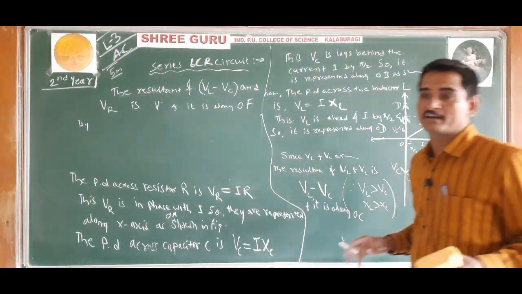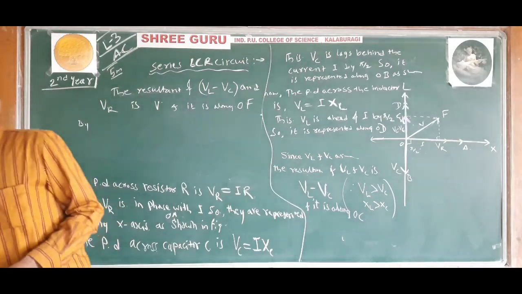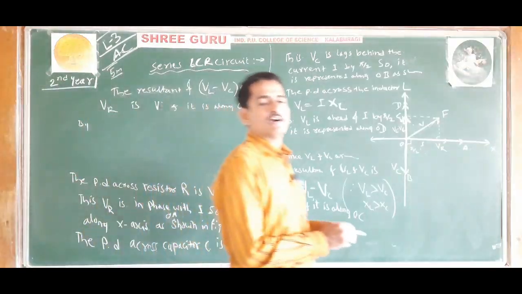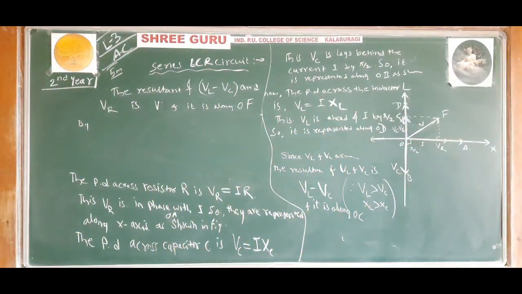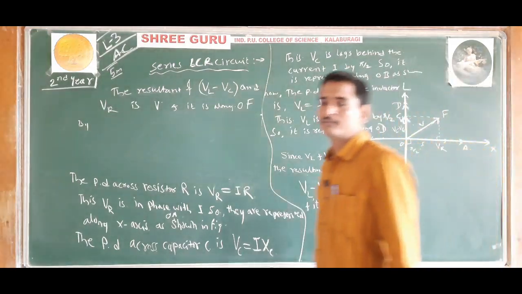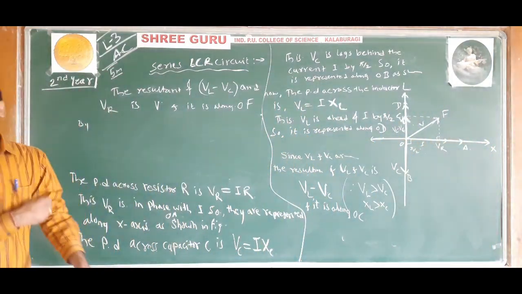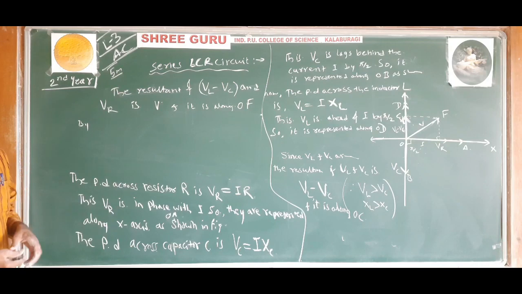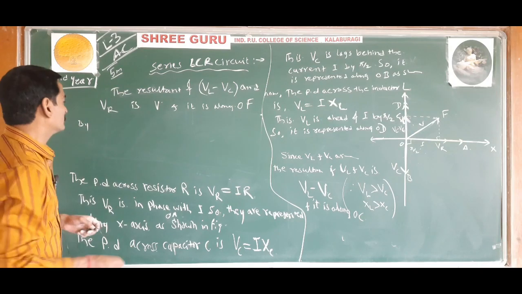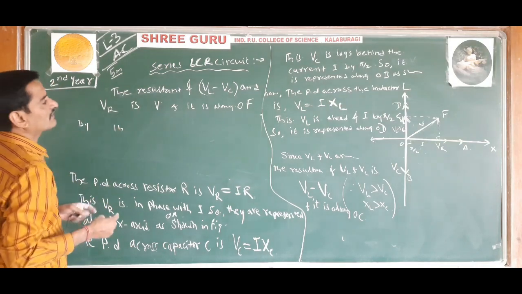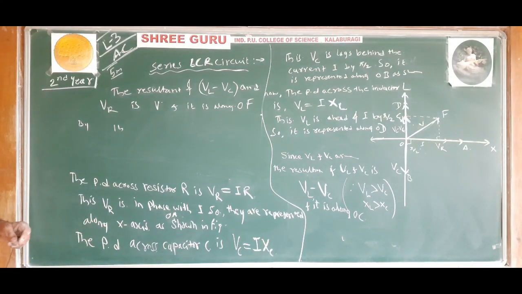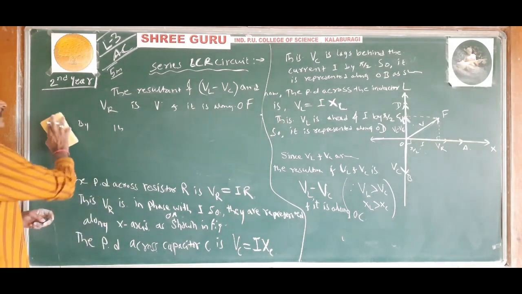All these are scalars, but by writing the phasor diagram, we can apply the vector addition laws, which I told already while explaining about the phasor diagram. So now the resultant of VL minus VC and VR is V, and it is along OF.